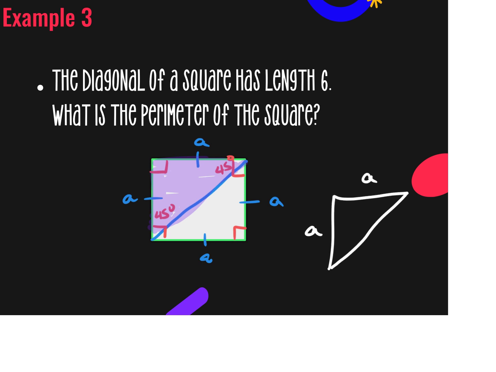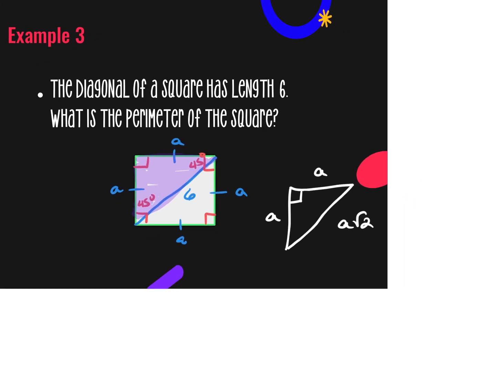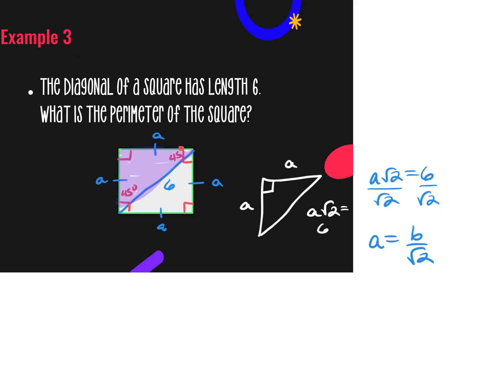So this was A, and the diagonal is A square root 2. And the diagonal, they told us, was 6. So I'm going to take A square root 2 and set it equal to 6. So A square root 2 equals 6. Divide by the square root of 2. A is equal to 6 divided by the square root of 2.